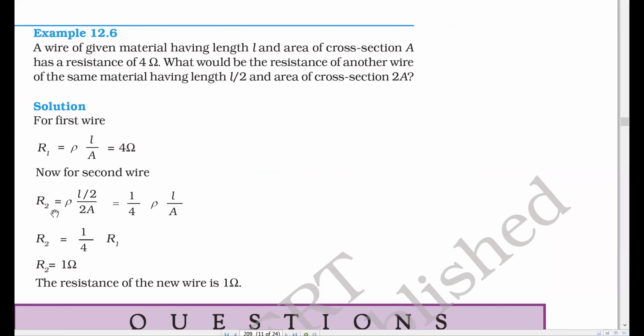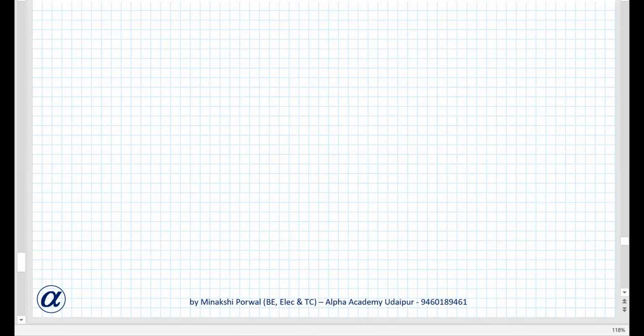So now R equals rho L upon A. Now new length is L by 2 and new area is 2A. So we have to find R2. We'll substitute the value of R1. I'll solve and show you this one if you are not getting it.